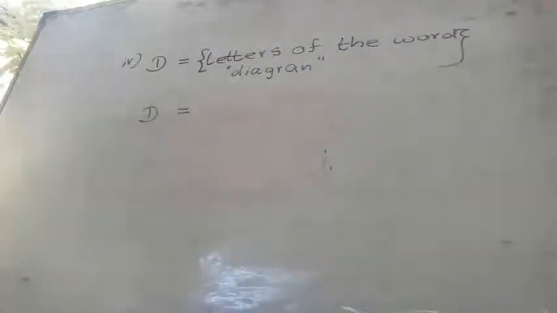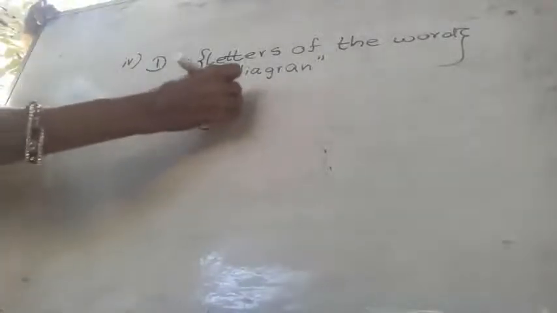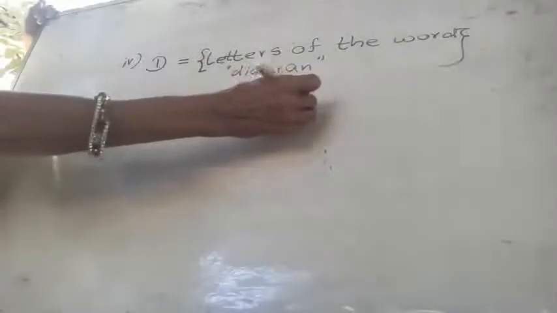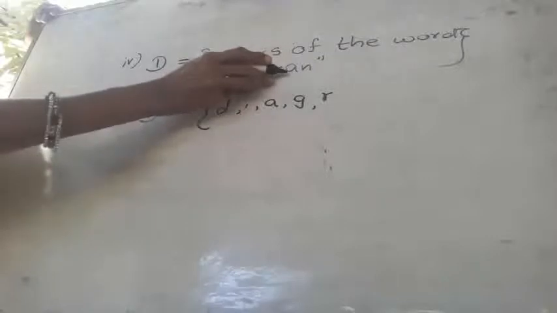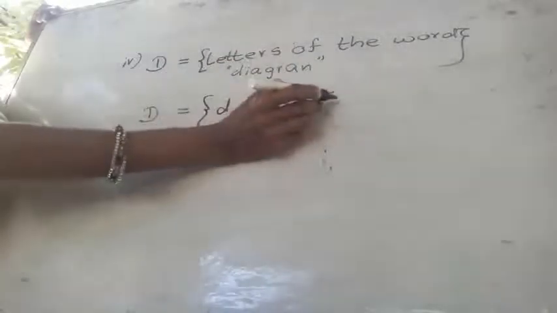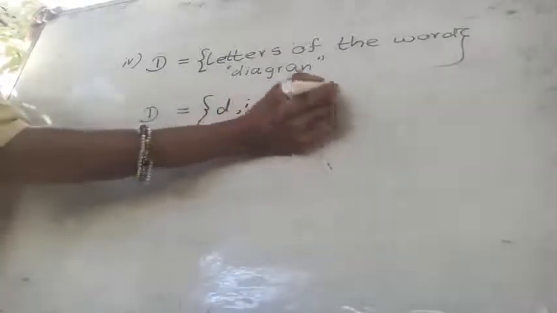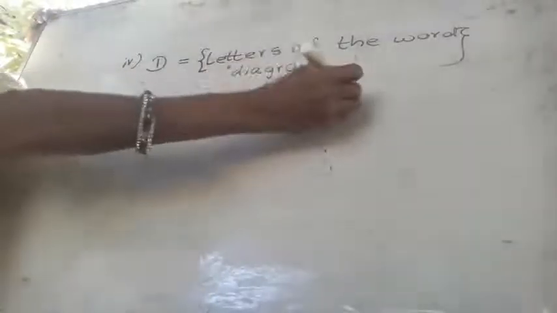We write the elements within curly brackets. D, I, A, G, R. A should not be written again here because A is already here. Diagram.